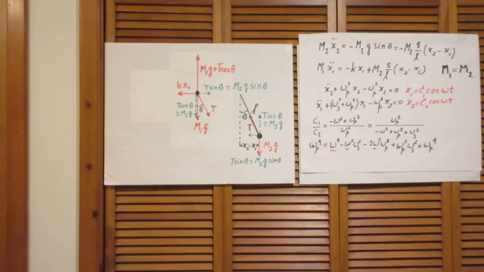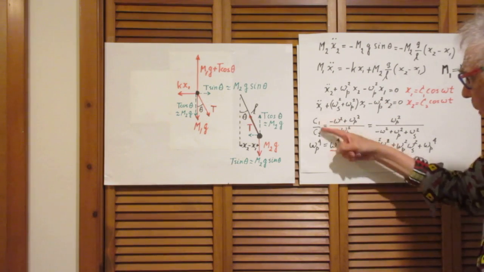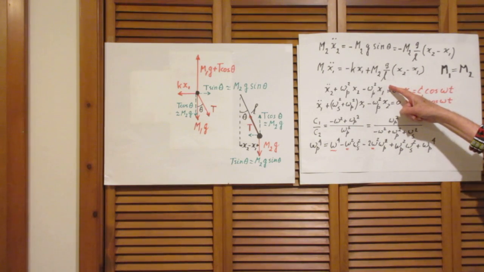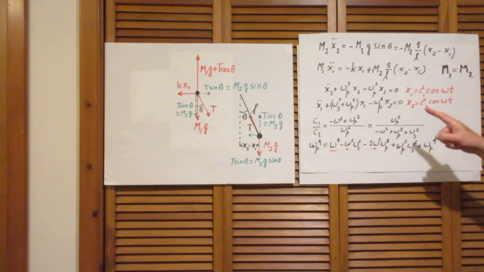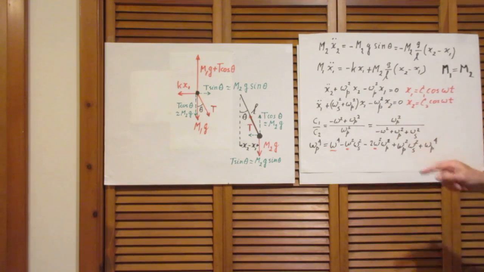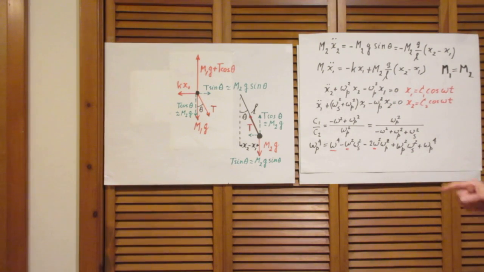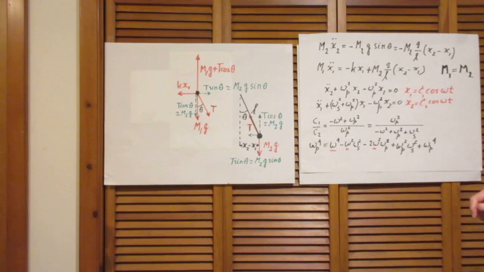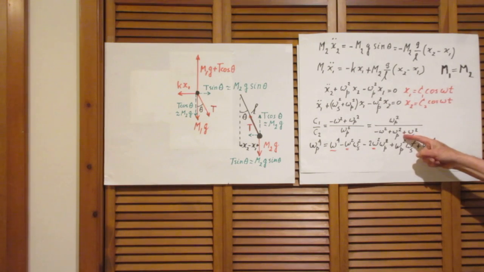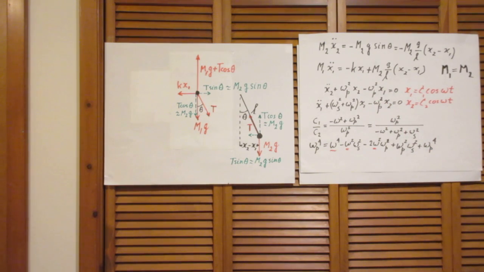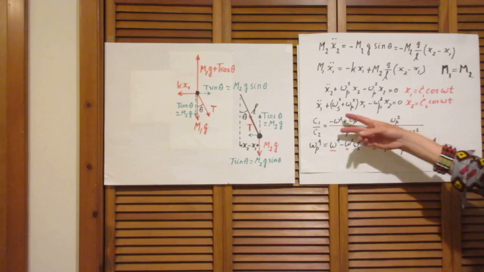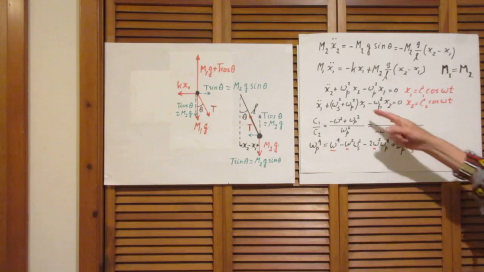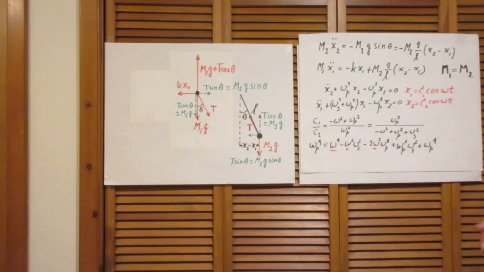And so you can now write down that C1 over C2 for this equation is the same as C1 over C2 for this equation. Here you see C1 over C2 from this equation. And here you see C1 over C2 from this equation. So look now what we have. We have now an identity between omega, omega p and omega s.